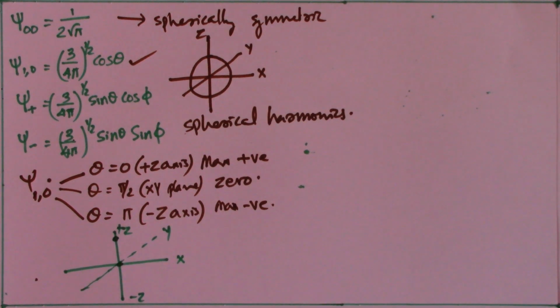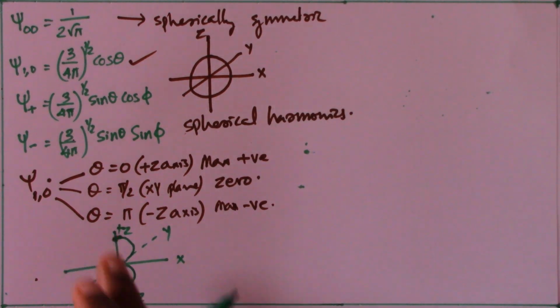And when it reaches the xy plane, its value will continuously decrease, like this. And when it reaches the minus z direction, the value will again increase, but in the negative direction. The negative value will increase. It will be like this.